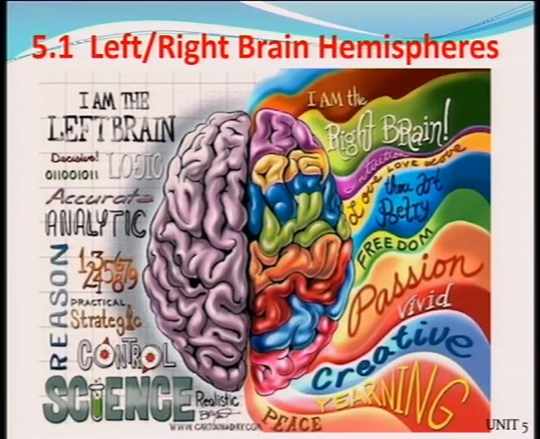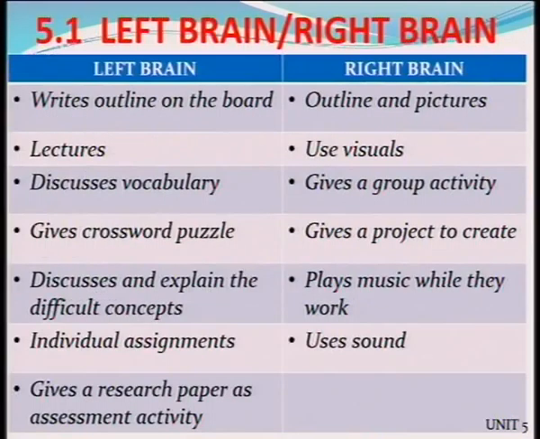And on the right hand, we get the free spirit, the creative person. They love poetry, they love to do art, they love to think creatively, they're passionate, and they're also very calm. It does not necessarily mean that one is better than the other. It is better to have a nice balance between these hemispheres, but we will discuss in more detail.